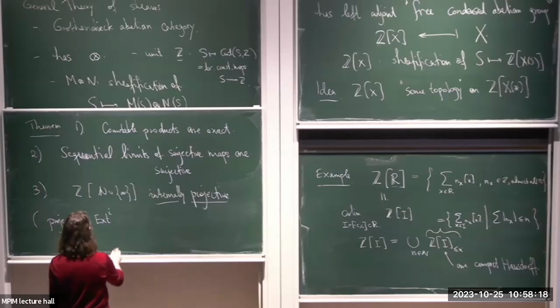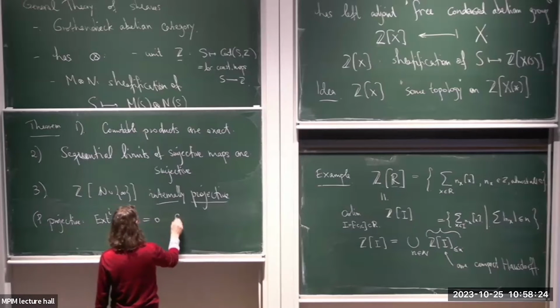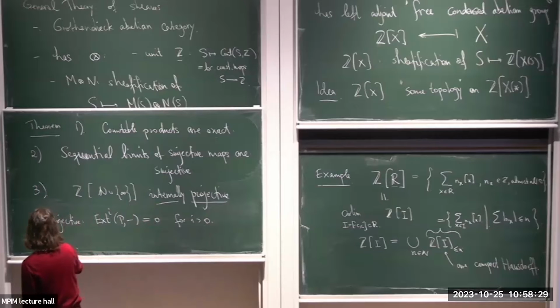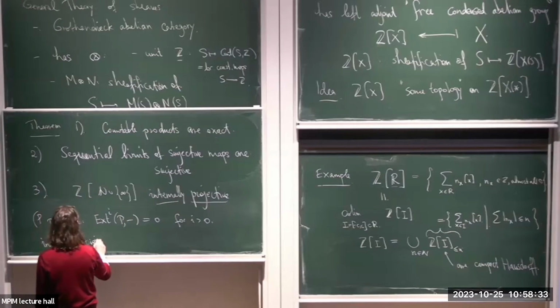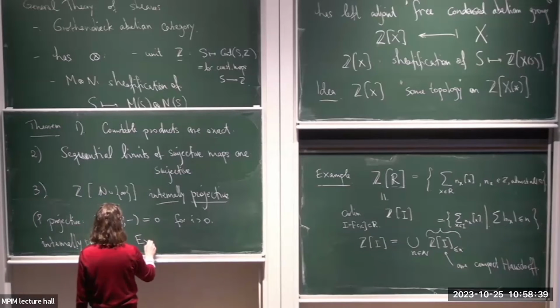It means that Ext^i(T, -) is 0 for i bigger than 0. And it's internally projective. So this makes sense when your category also has a tensor product. Because if you have a tensor product, then you can define an internal Ext group. And internally projective means that's the internal Ext^i vanishing for i bigger than 0.